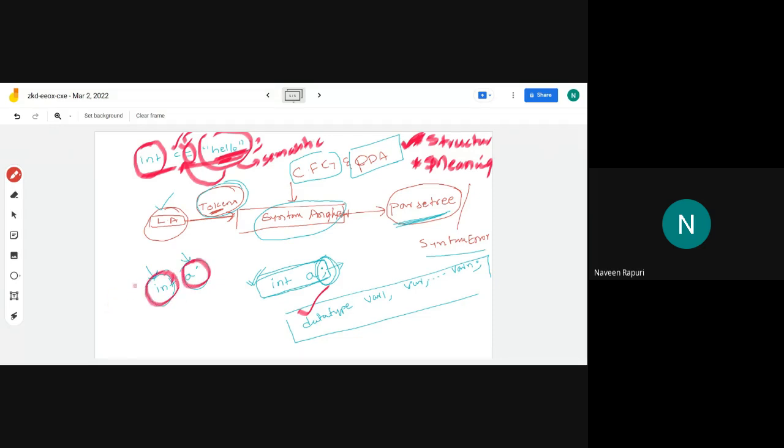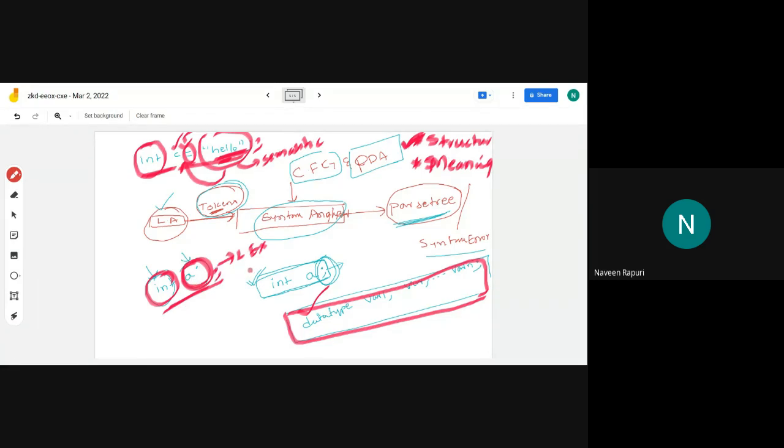Suppose every token is satisfied, there are no lexical errors. Suppose it is not satisfying the structure that is mentioned, then there is a syntax error, like this, because it does not end with the semicolon.